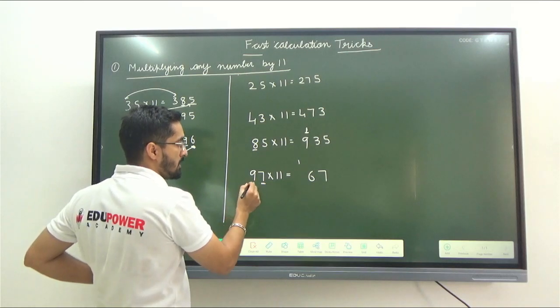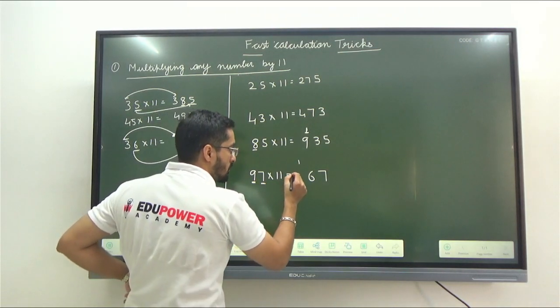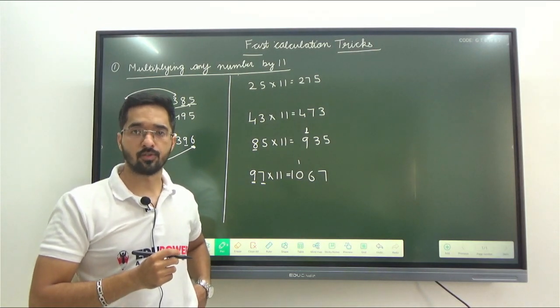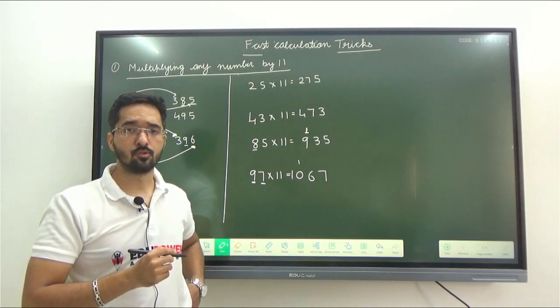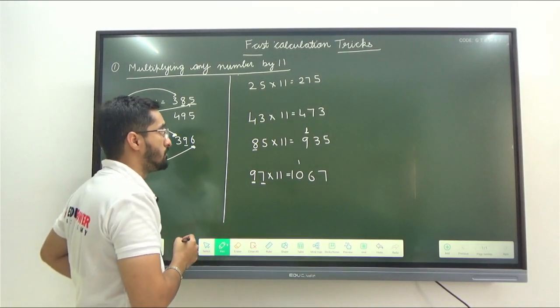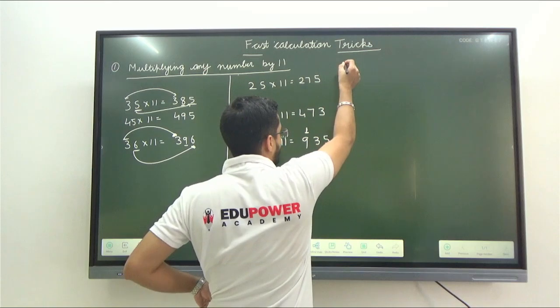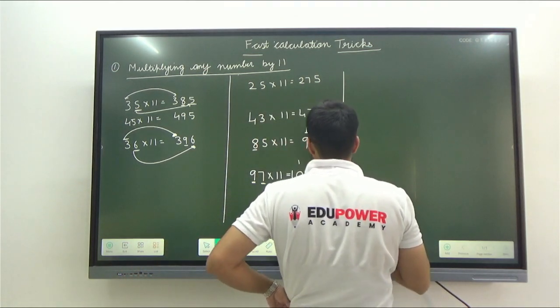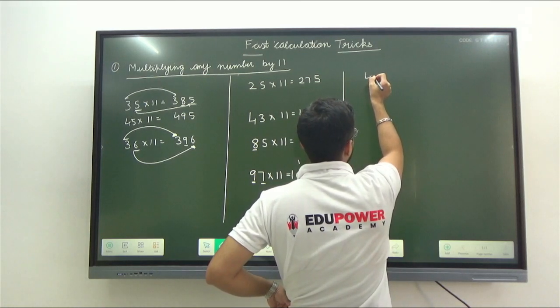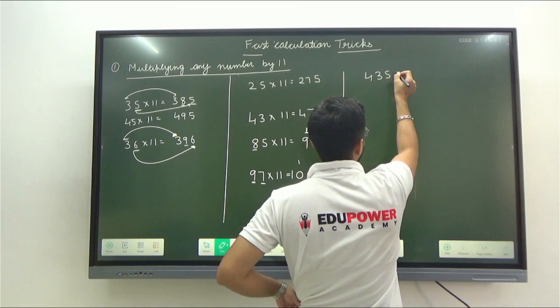Then 9 plus 1 is 10. So the answer comes out to be 1067. This is the way of multiplying any number by 11. I am going to give you some practice questions so that you will improve your calculation speed. 435 into 11.